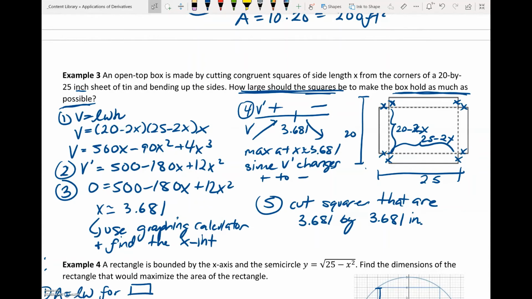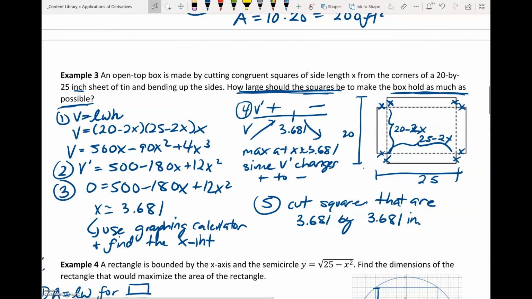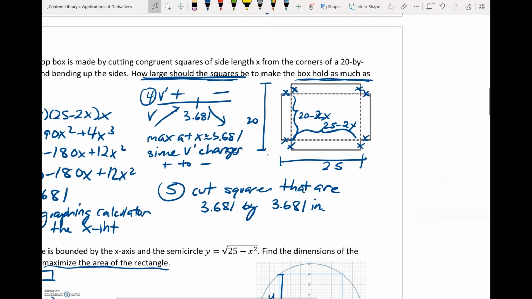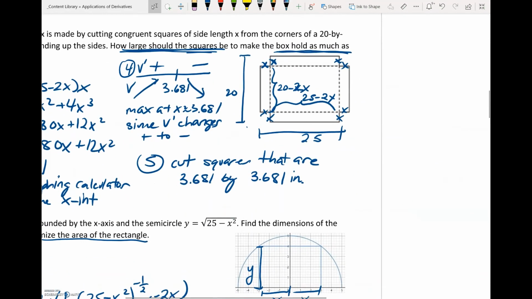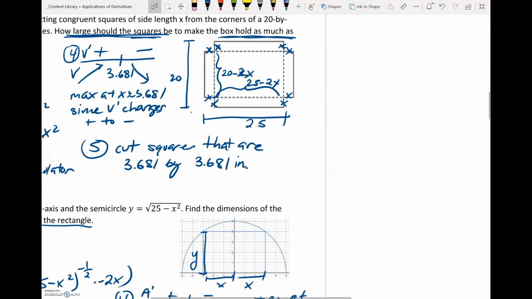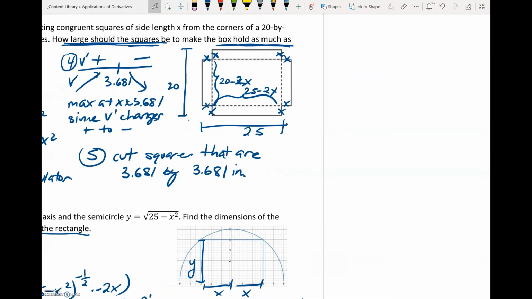Now I want you to try example 4, but I'll get you started before I let you do it. We are trying to maximize an area of the rectangle. That means you need to find the area for the rectangle and represent it in terms of x and y, because the semicircle equation was given to us. Now, I need you to take a look at the picture and decide how we're going to determine the length and width of our rectangle.